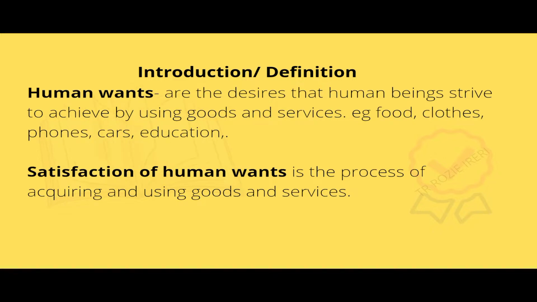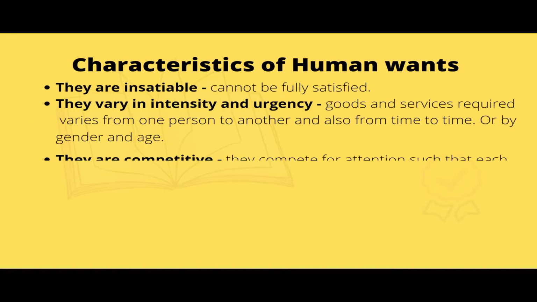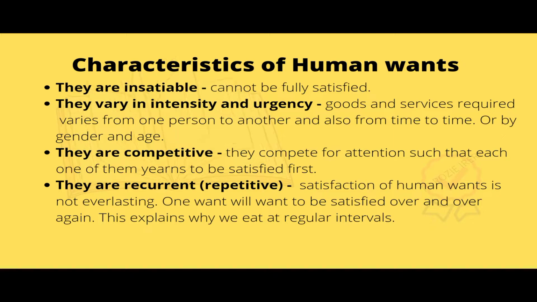Next, we are going to look at the characteristics of human wants. Learners, what do you think are some characteristics of human wants? Let's go through each at a time.